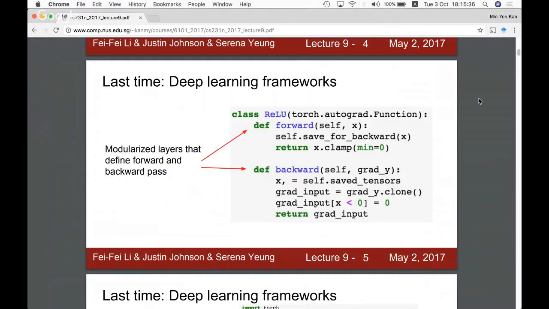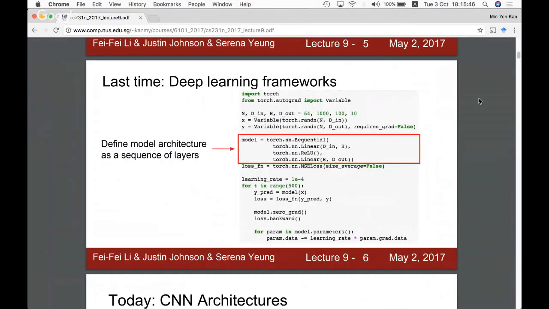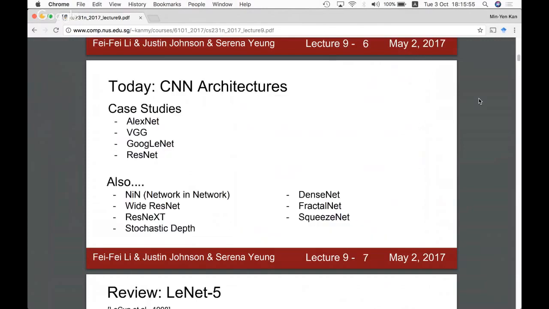Each layer is designed as a modularized layer with forward and backward paths, and we can define the layers as a sequence, which is very intuitive.